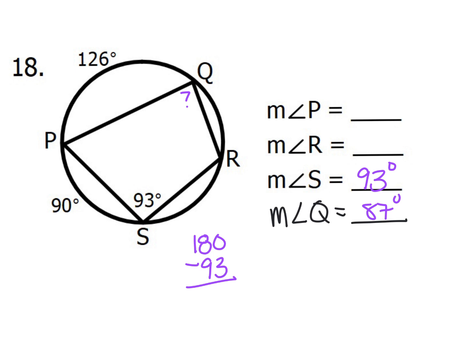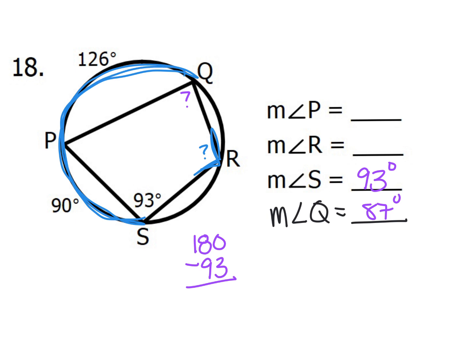So S and Q were pretty straightforward because I have S and then Q is opposite of S and those angles are supplementary. P and R are going to be a little bit more work because I don't have either of them, but I do have arc measures and they are inscribed angles. So I'm going to start with the measure of angle R because R is the inscribed angle that creates this intercepted arc.